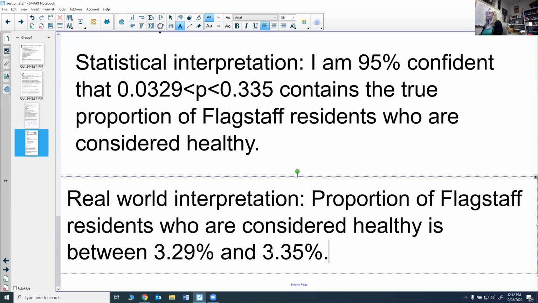And that's it. Notice I don't have my 95% in here. I'm just giving what the proportion is I found. And that's how we do a proportion confidence interval.